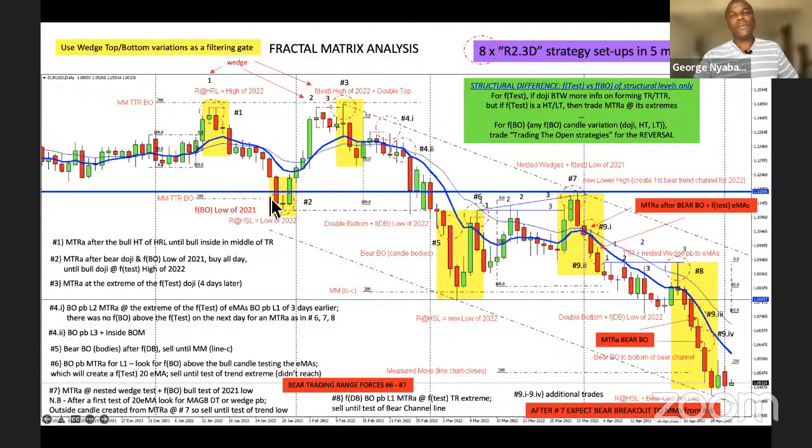Okay. Then when I get to this level, which we spoke about, it's a failed breakout of the low of 2021. That's the low of 2021. Why is it a failed breakout? Because we had the breakout candle, we had a pause. It's a hidden support level, so it's a reversal at hidden support levels.